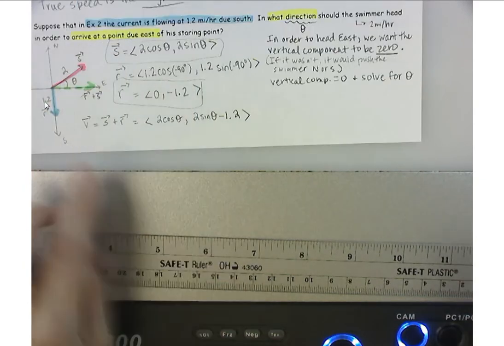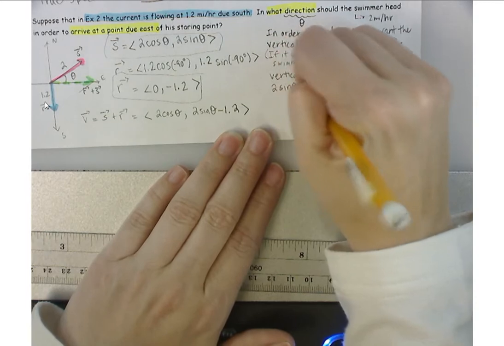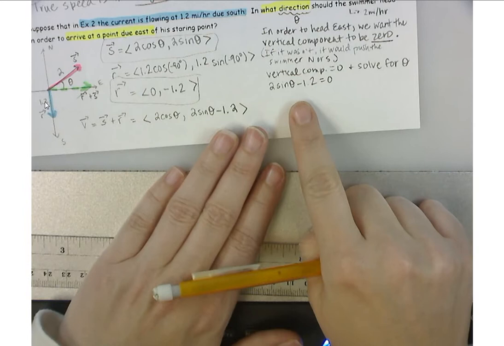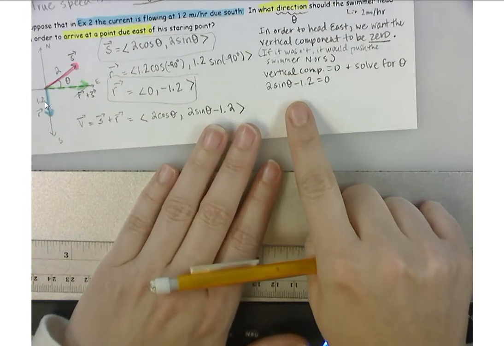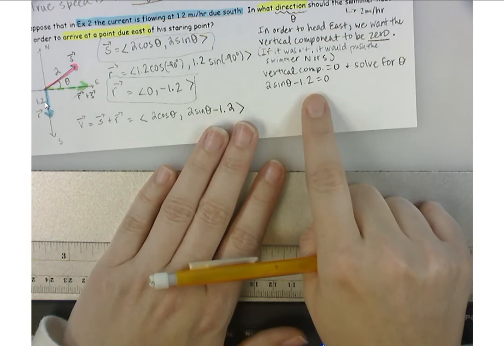So if my vertical component is 2 sine of theta minus 1.2 equals 0, I'm going to solve this for theta. Okay, is it okay if I do a couple steps in one? Because your first step would be to add the 1.2 over, right? And then your second step would be to divide by 2.